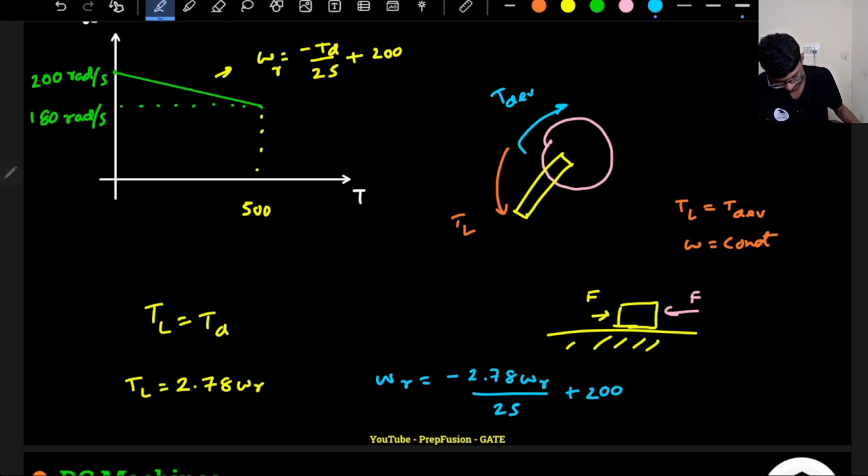So from here I can get the value of omega r. 2.78 divided by 25 plus 1, into 200, so it will be 179. So my omega r will be almost approximately 180. Okay, it will be almost at full load only, 180 radian per second.